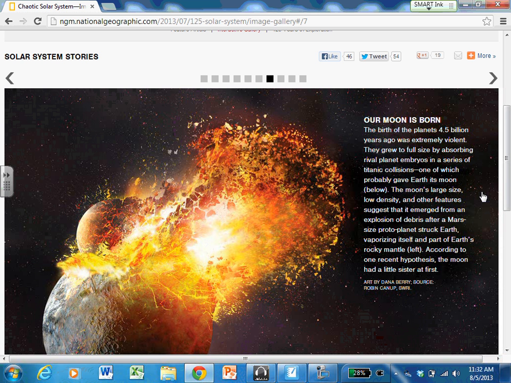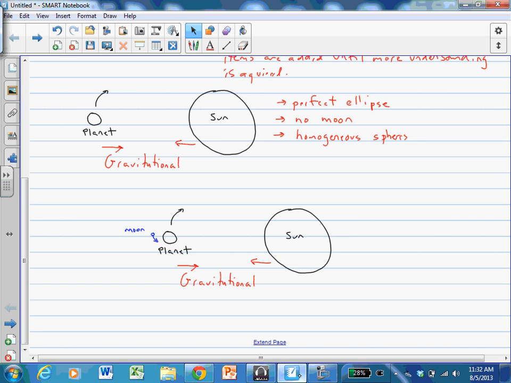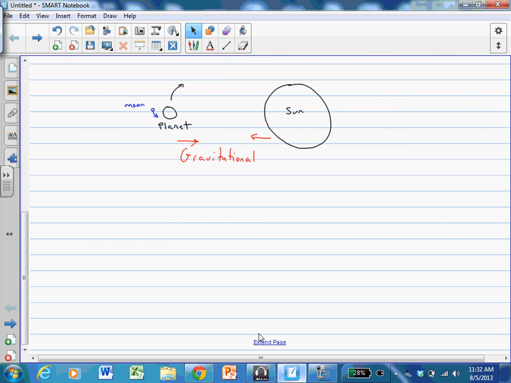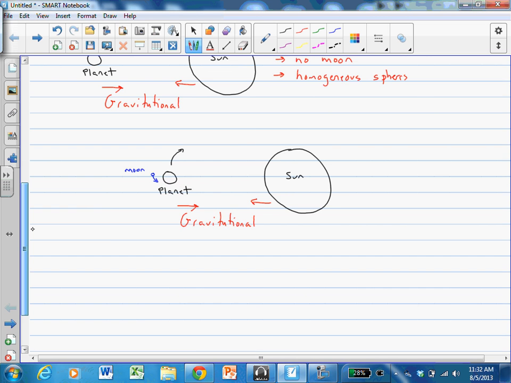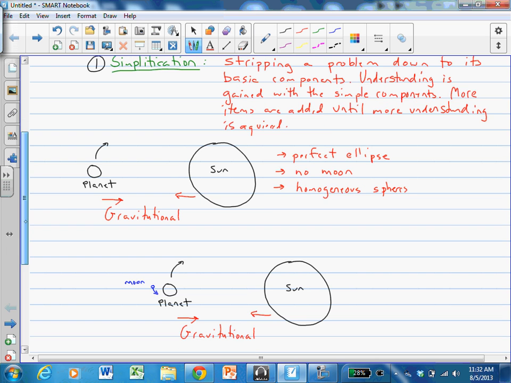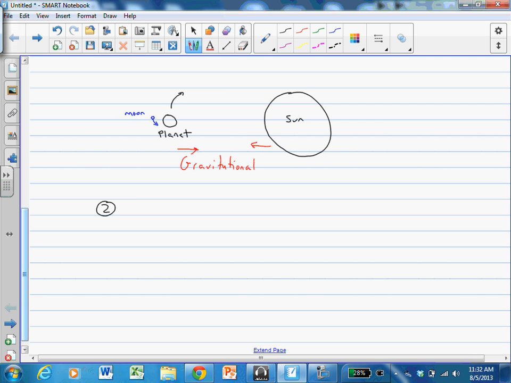The other type we'll talk about today is an analogy. So we did simplification. We'll also do analogy. So this is when we know something about one process. For example, we'll talk about gravity and the electrical force. And we can make an analogous comparison between the two.